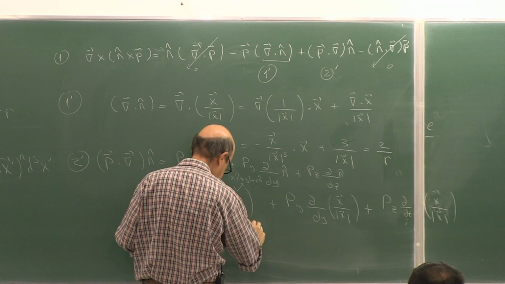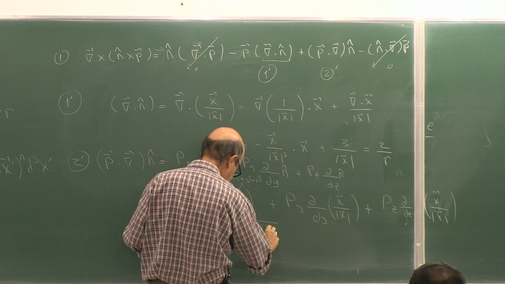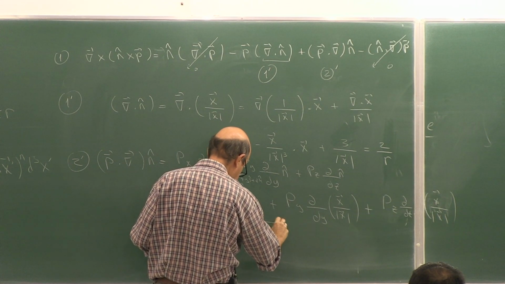The x magnitude is the square root of x squared plus y squared plus z squared.